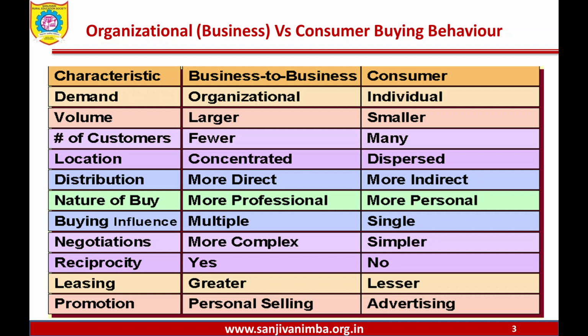The parties are called for negotiation, and the negotiation process takes a lot of time. But in case of consumer, the negotiation is simpler. Reciprocity is present in B2B and not in consumer. Leasing is greater in B2B, and very little leasing happens in consumer.